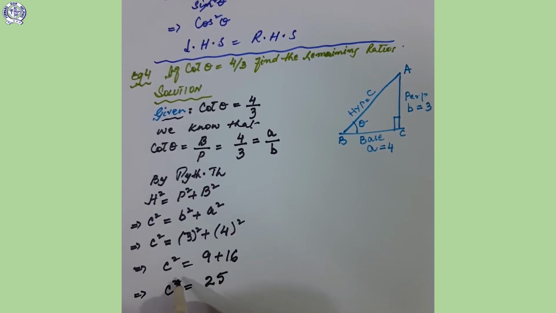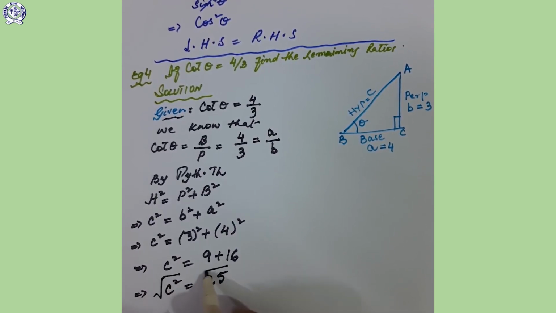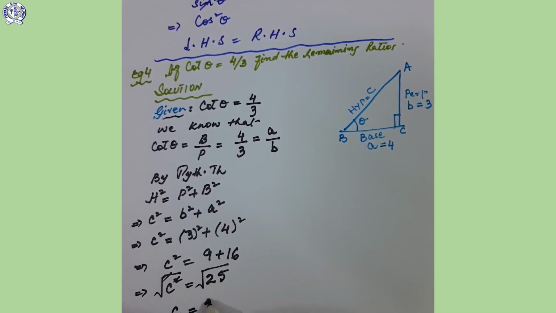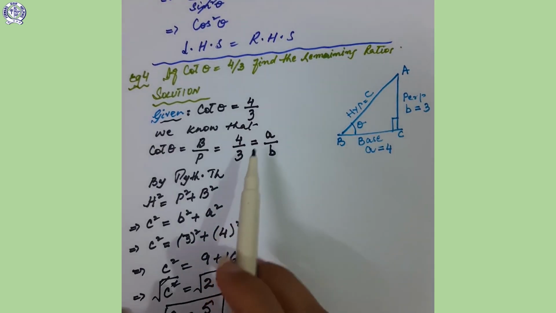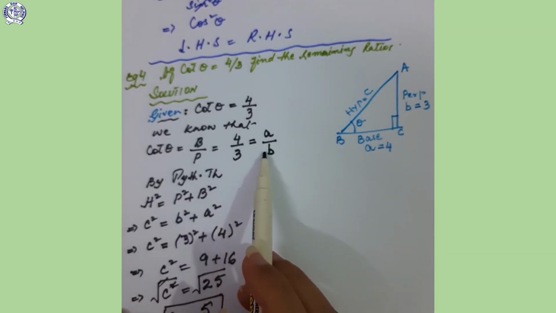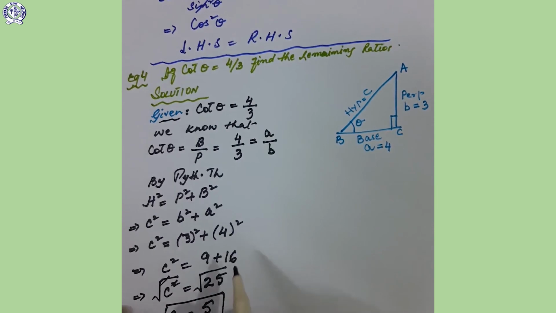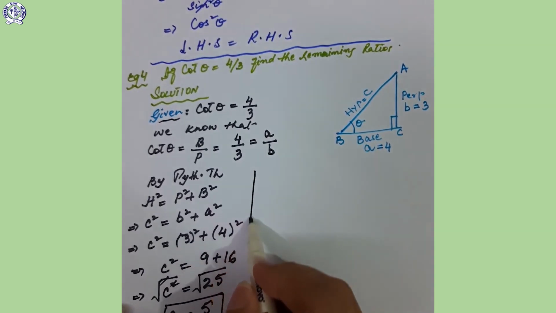We will take root to find C. The value of C is root of 25, which is 5, and we take only the positive root, not the negative one. Now we know all the values: A is 4, B is 3 and C is 5. So you can find the remaining trigonometric ratios.